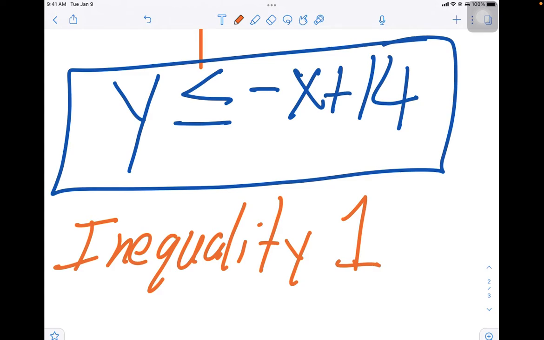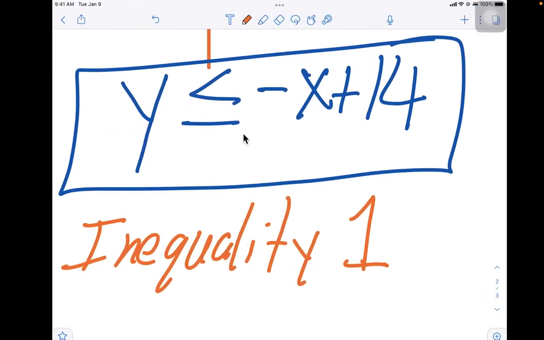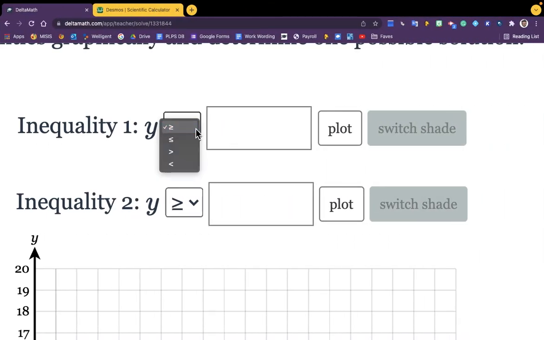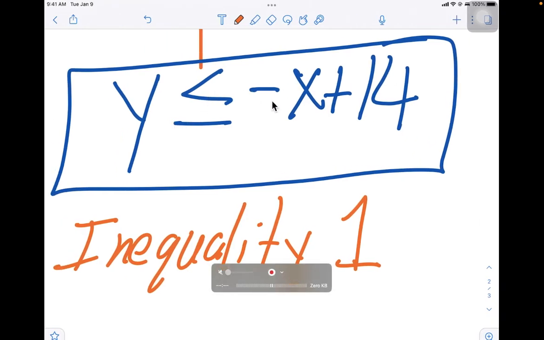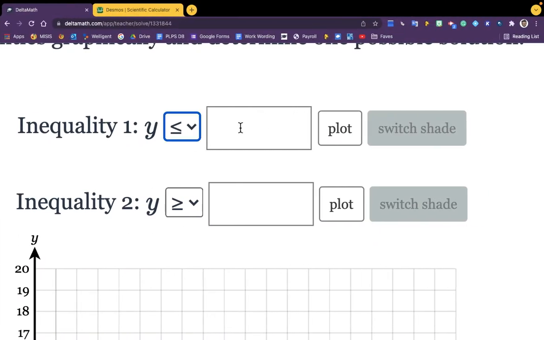Let's see, y is less than or equal to, what was it again? Negative x plus 14. So I'm going to type here, negative x plus 14, and I'm going to plot that.